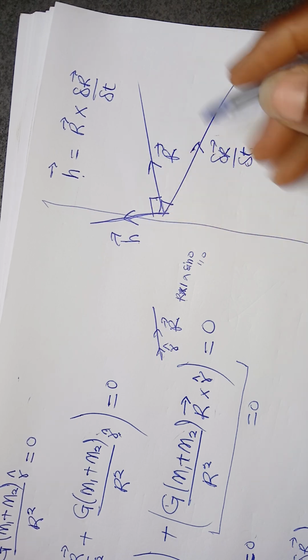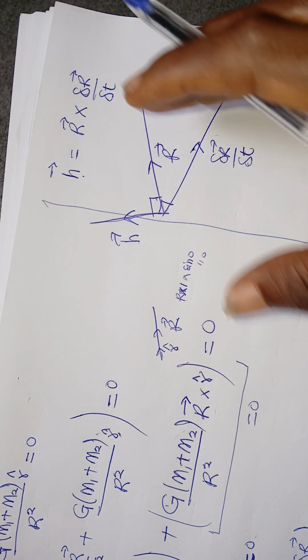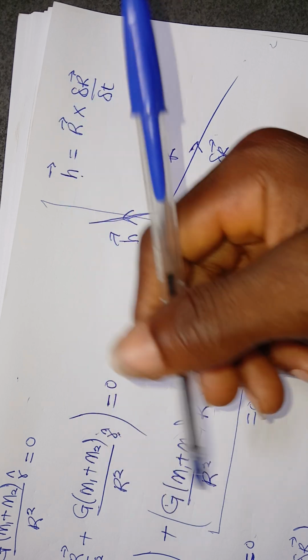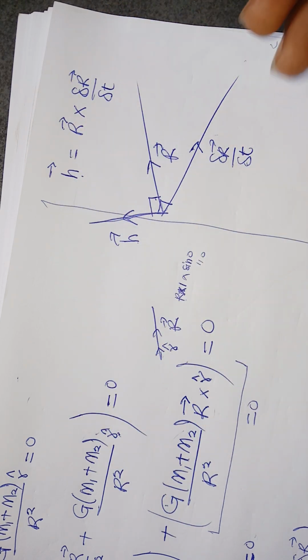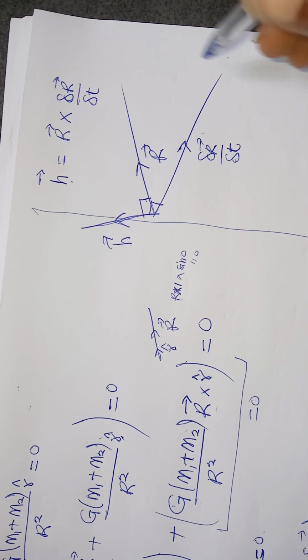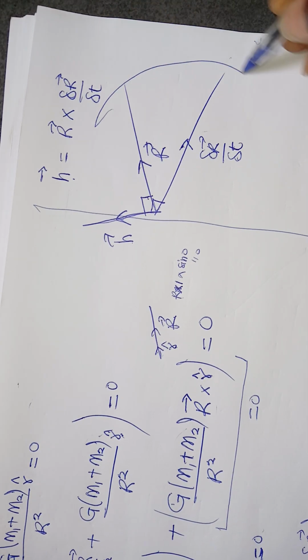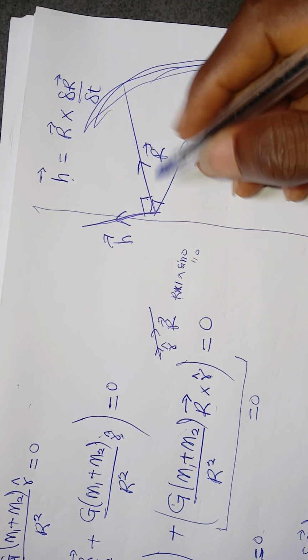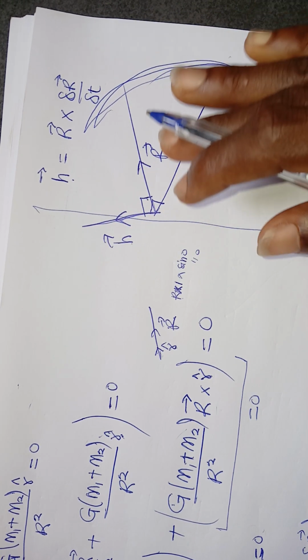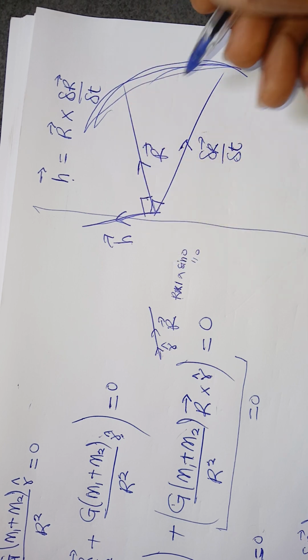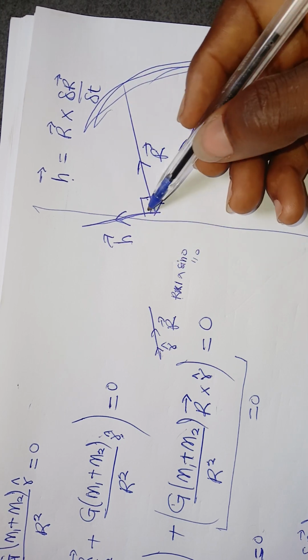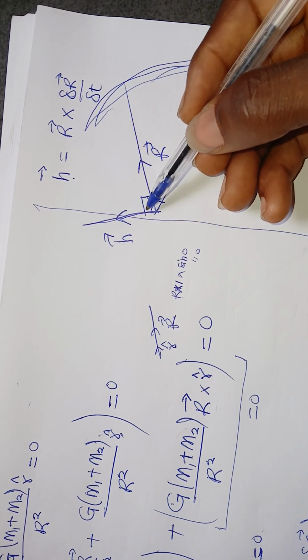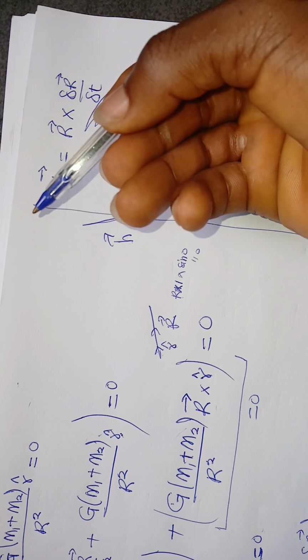And if h is constant throughout the whole of the revolution of the planet or any mass around another one, that will mean that the motion of that object now is confined in the 2D plane. It is confined in the 2D plane because the cross product of this and that will give you a vector h, which is a constant, lying in the third dimension.